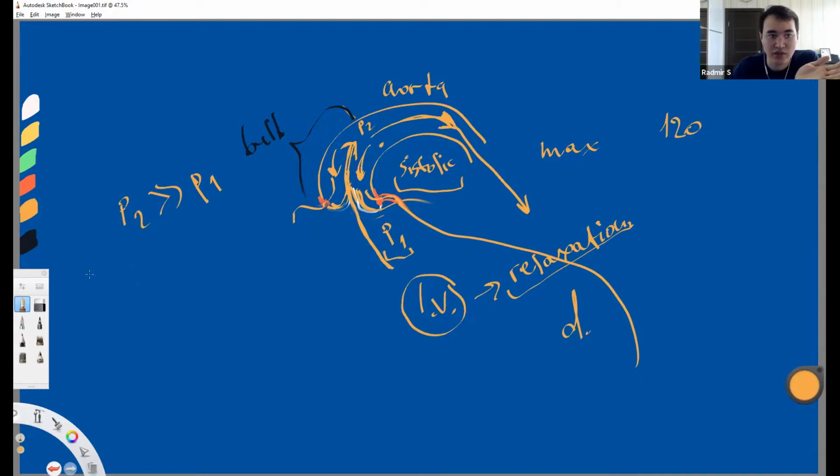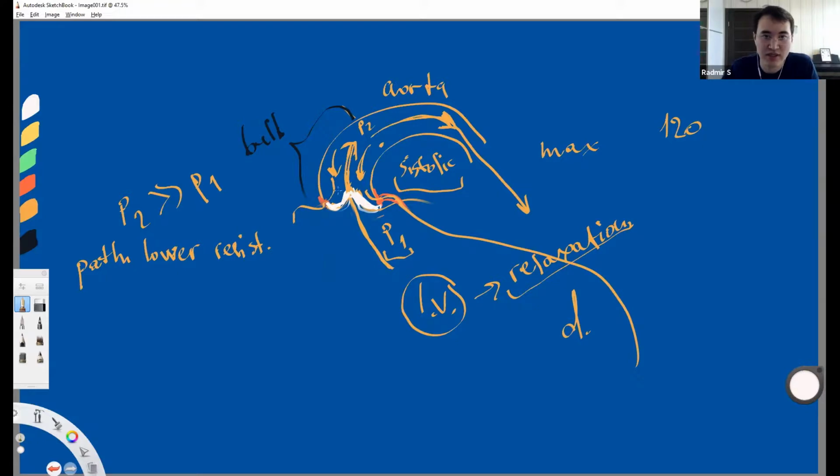We go through the path of lower resistance. So we are trying to get back, but the aortic valve does not let us do that. So we have a very stiff and rigid valve here.